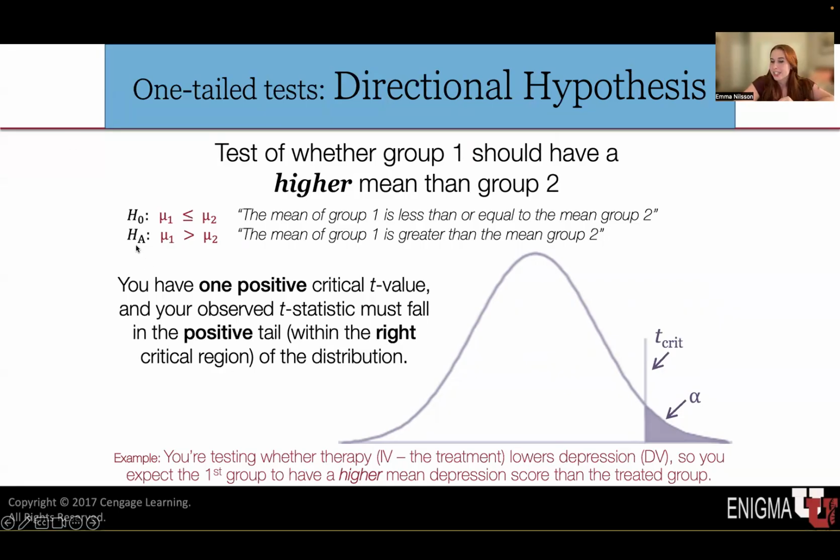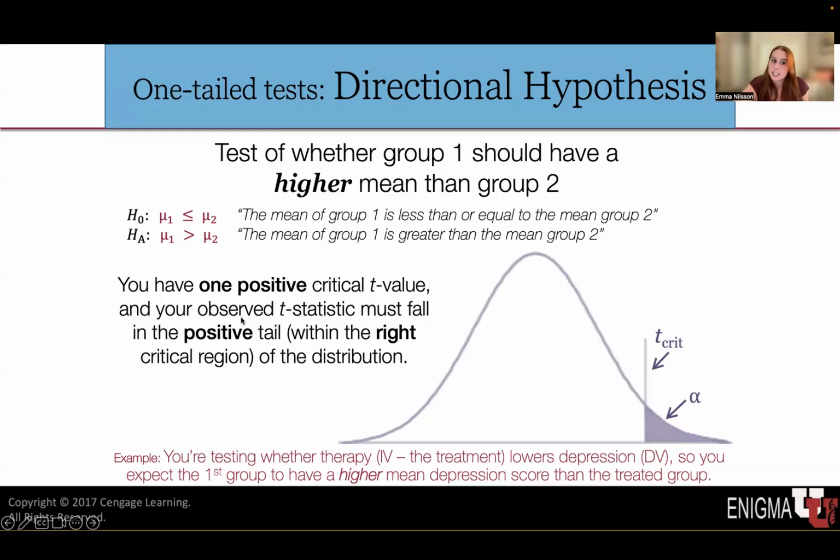Your alternative hypothesis is just that the mean of group 1 is greater than the mean of group 2, whereas your null is that the mean of group 1 is less than or equal to the mean of group 2. Even if your means are the same, you do not reject the null hypothesis. In a directional t-test, the means actually have to be more or less, depending on which one you're using.